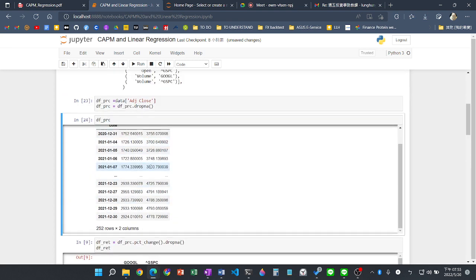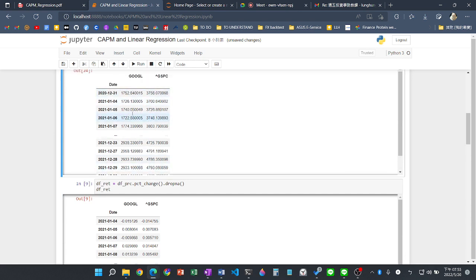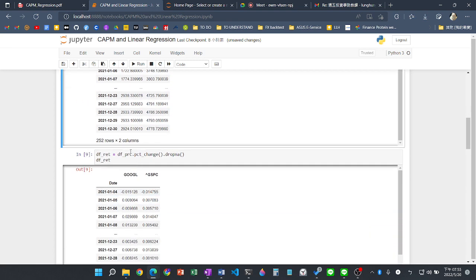But we know this theory is about the return of the stock, right? So here we want to convert the historical price to historical return, and we'll use a very handy and very familiar method, that is the percentage change method. After we do that, we get the data of everyday returns.